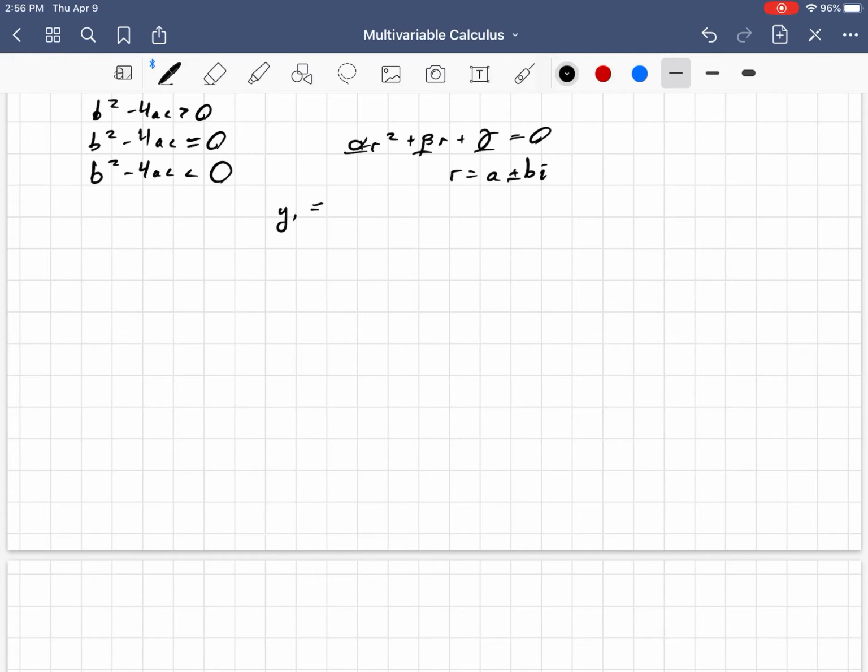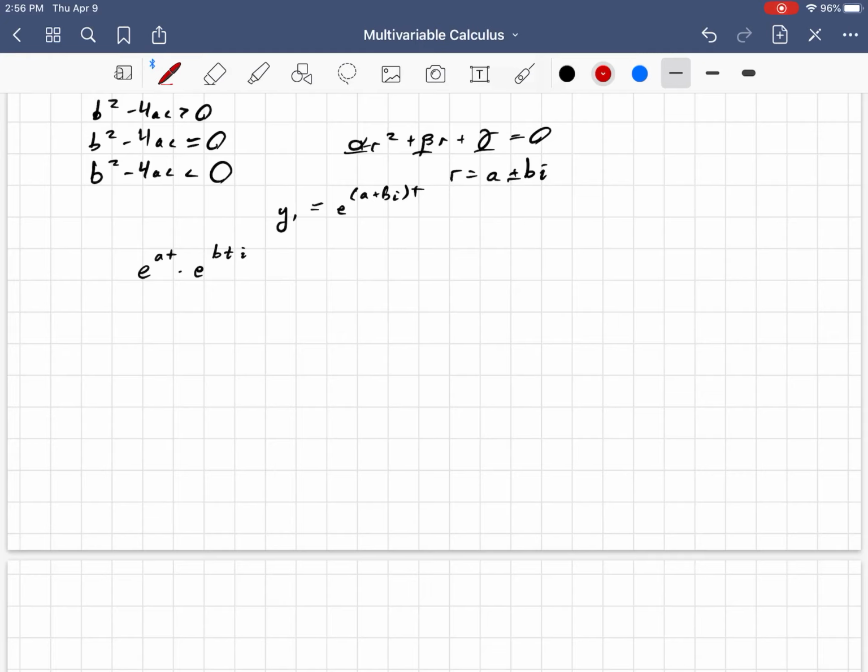Then a particular solution, at least, would be equal to e to the, and let's just do the positive version for now, e to the a plus bi t. Now, let's look at this. We can do some more stuff with it. Let's make it e to the at times e to the bti.